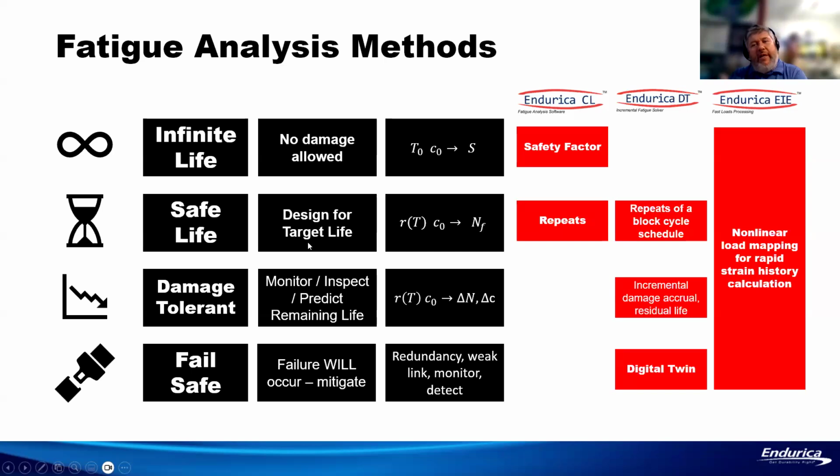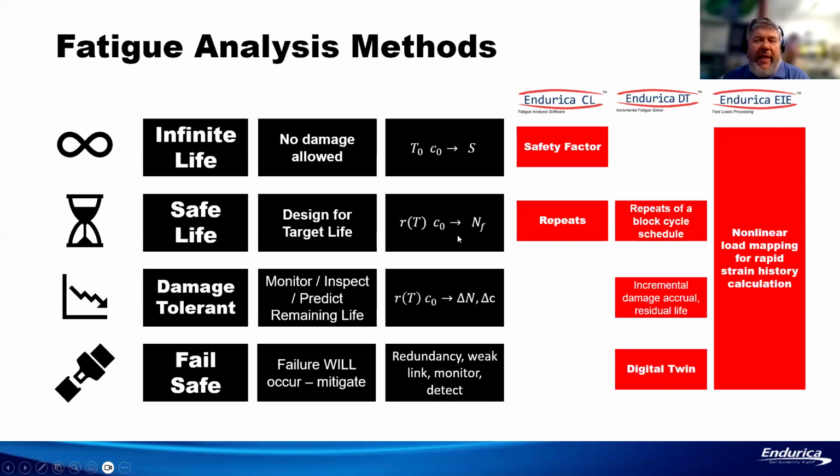Safe life is where your customer or maybe a regulation gives you a life target. In safe life analysis, we're operating above the fatigue threshold. And so we need to say, okay, I know I'm above the threshold, but how long can my part endure? And does that meet the requirement that I have? In that case, we can run the safe life calculation.